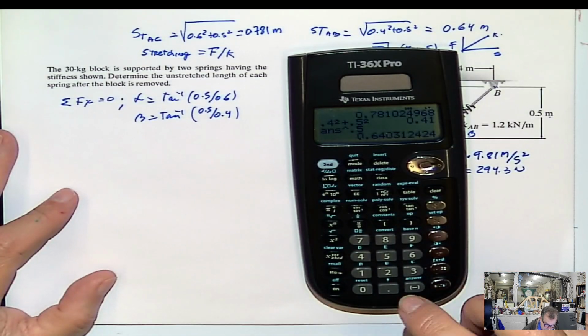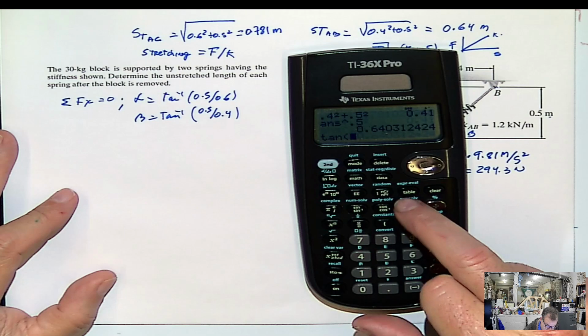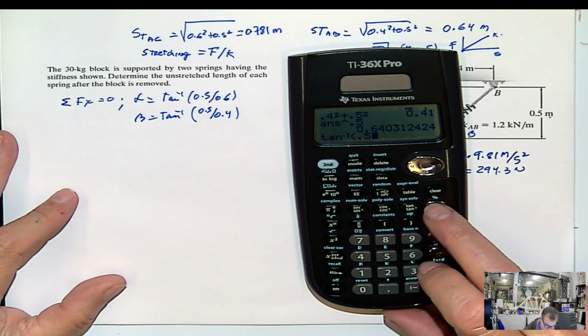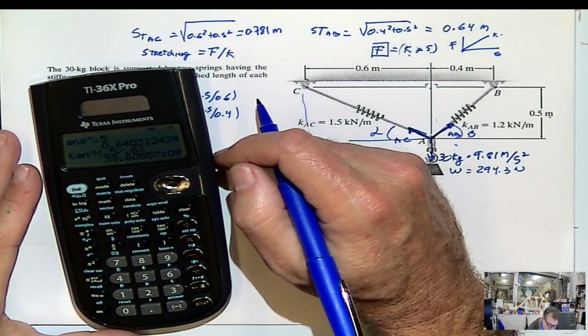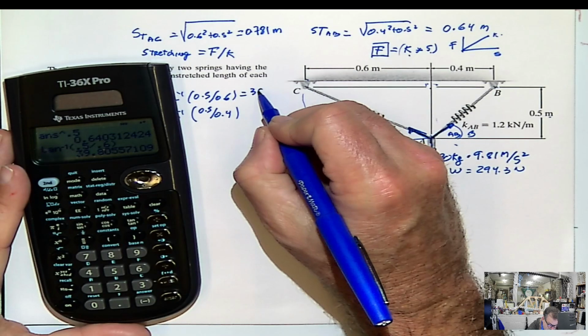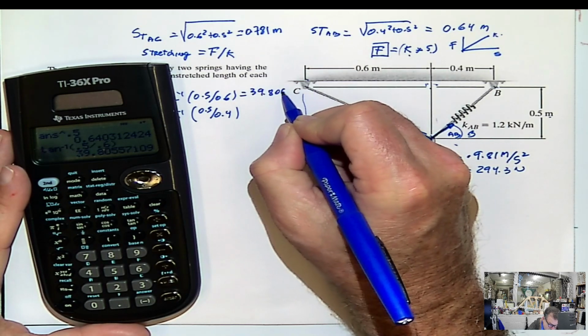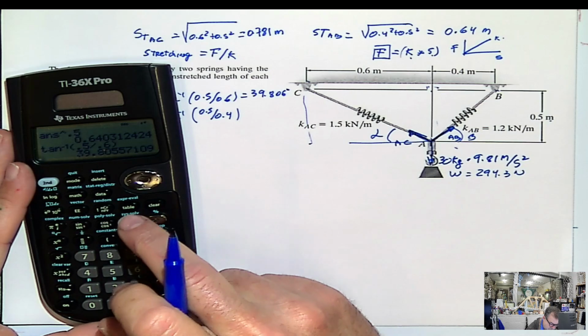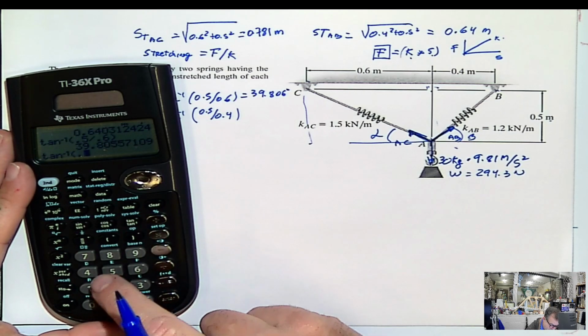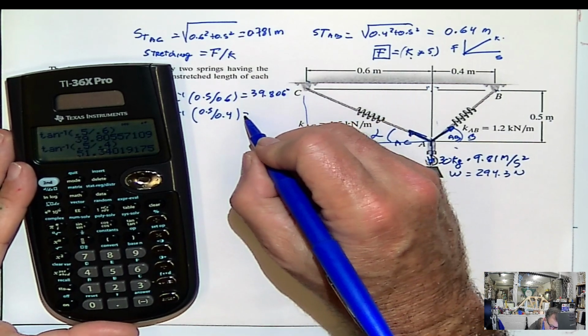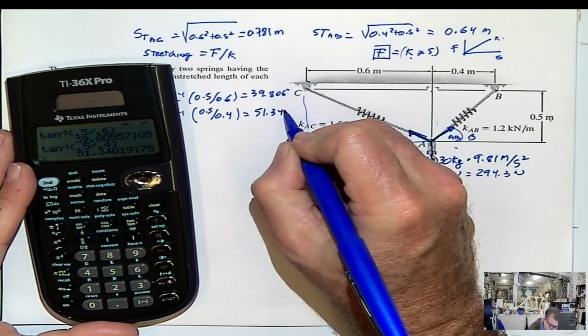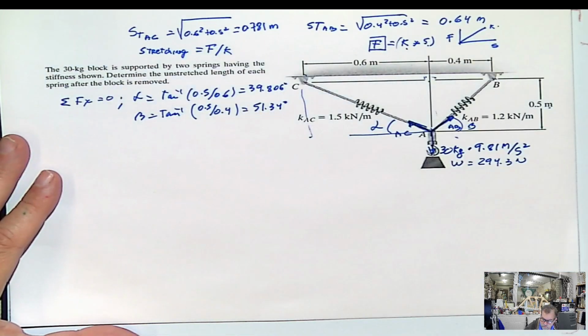Inverse tangent of 0.5 divided by 0.6 is 39.806 degrees, and inverse tangent of 0.5 divided by 0.4 will be 51.34 degrees. Now we have alpha and we have beta.